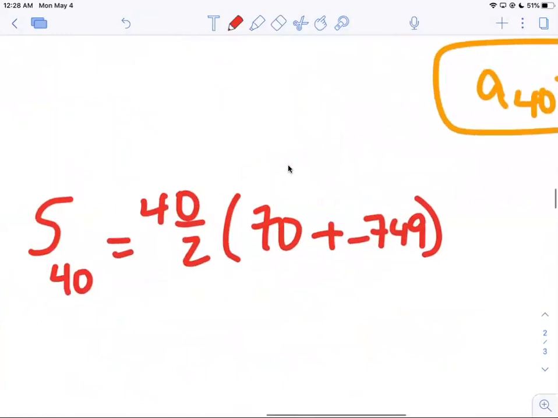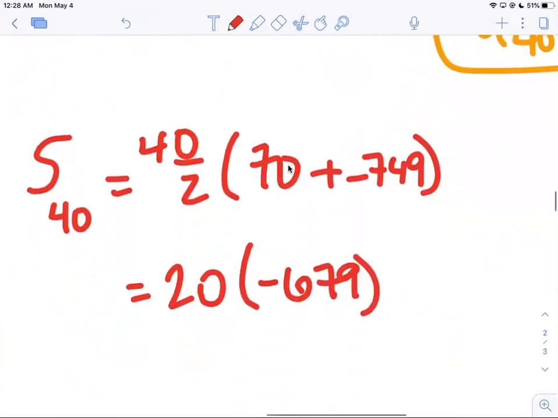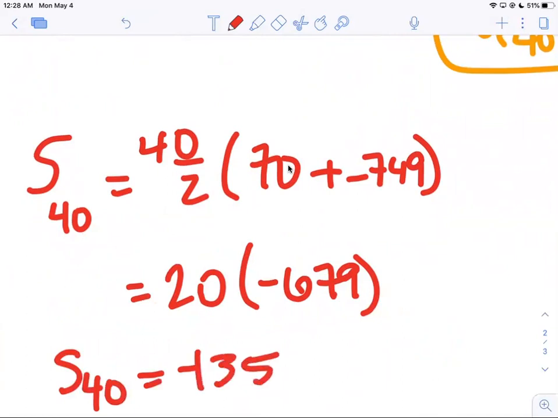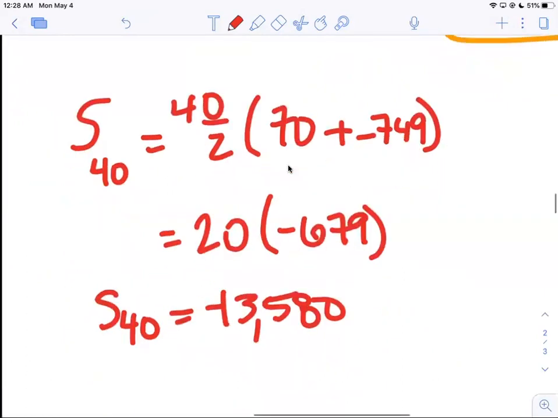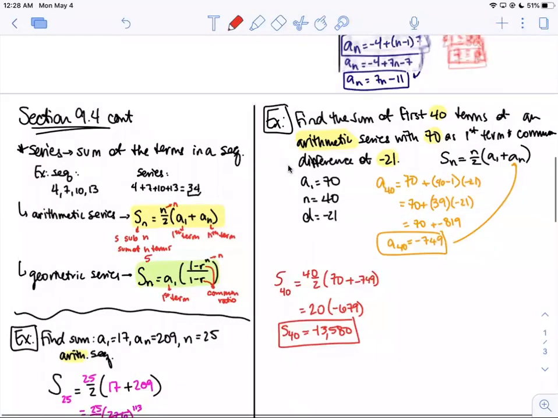Okay, start simplifying. Since 40 divides by 2 easily, I'm going to make that 20, and then 70 plus negative 749 is going to be negative 679. Multiplied by 20, S sub 40 equals negative 13,580. Again, when we're adding all of these big numbers up, we may get a big crazy number, and that's okay. All right, so those are those formulas.